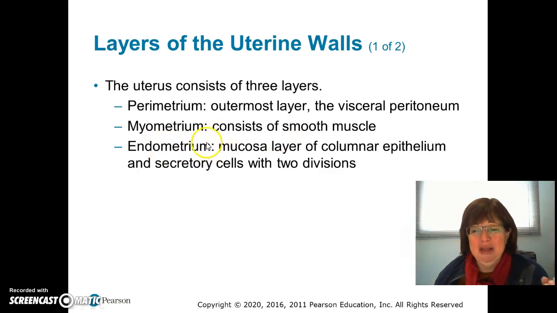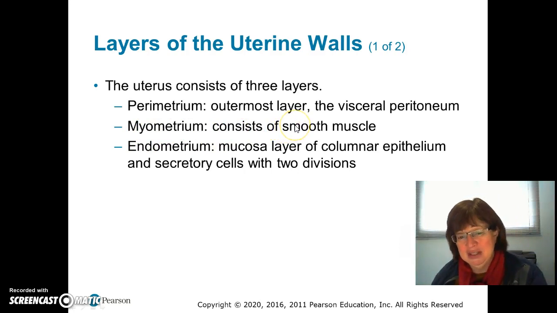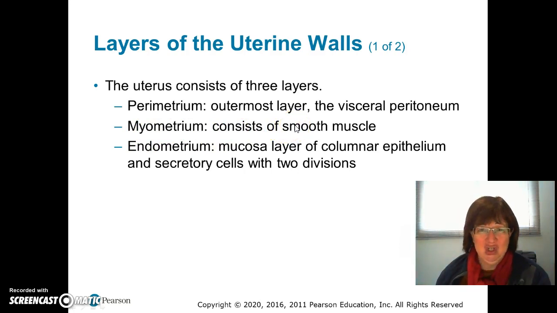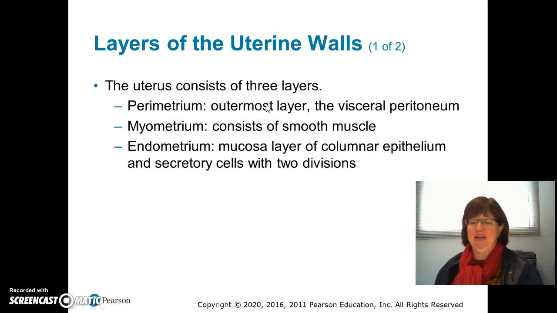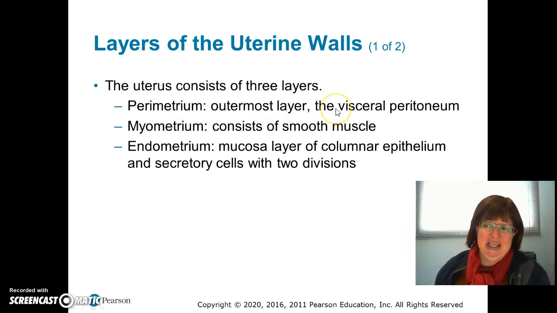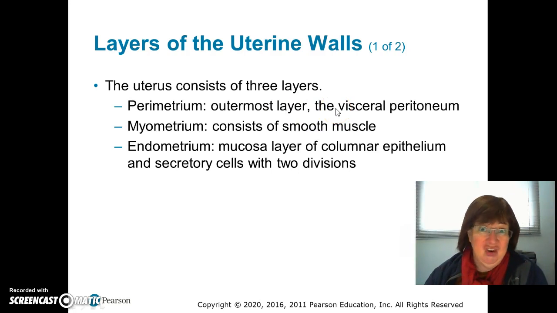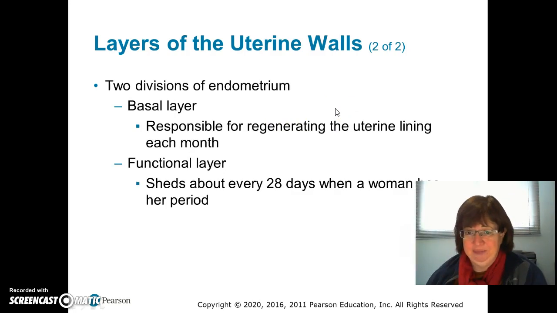The endometrium is the mucous layer where it builds up the cells which are later sloughed off in menstruation. The myometrium is the smooth muscle, which is very important in the contractions during labor and delivery. The perimetrium is the outer layer, the visceral peritoneum, which helps give structure to keep the organ together.